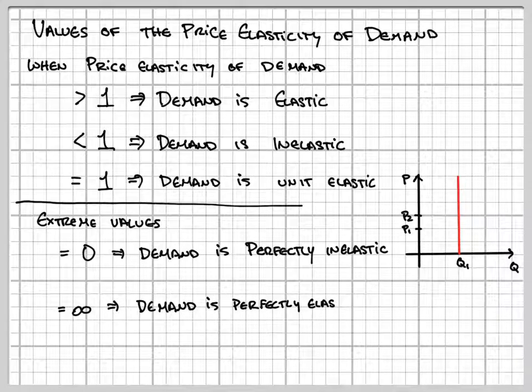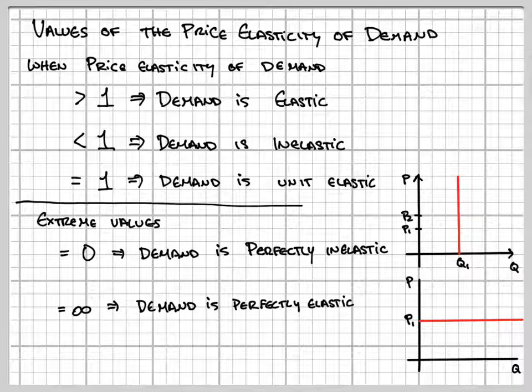And the demand curve here is the opposite case of the inelastic demand. A perfectly elastic demand curve is a horizontal line. The only price at which people will want to buy this good is P1. If the price increases at all, there's no demand for the good.